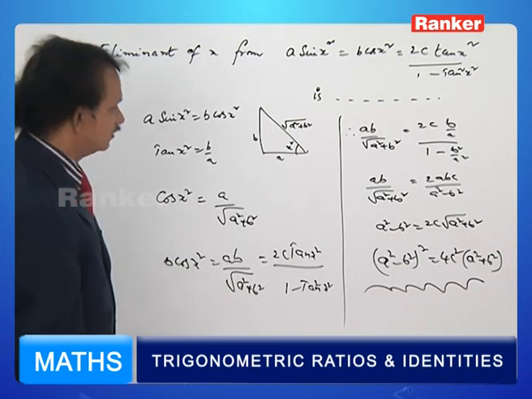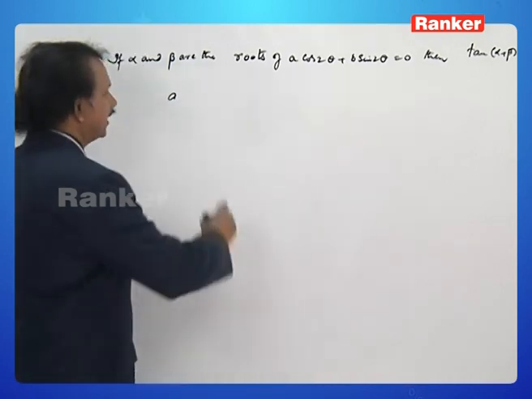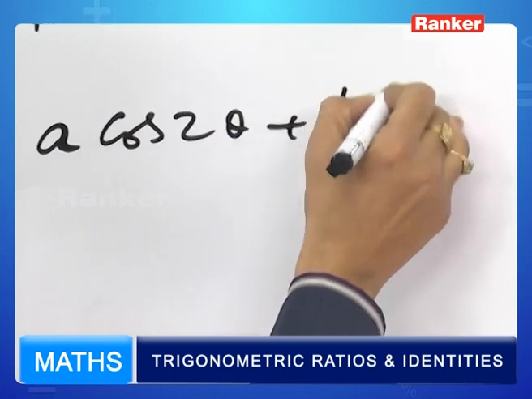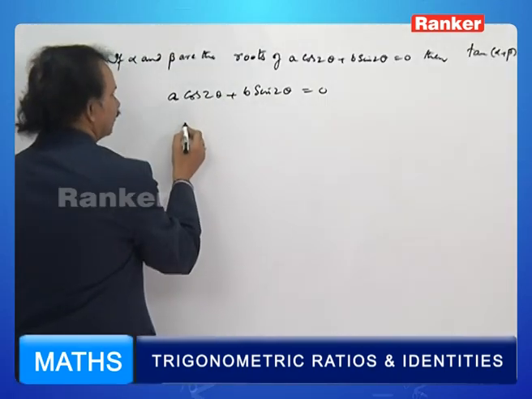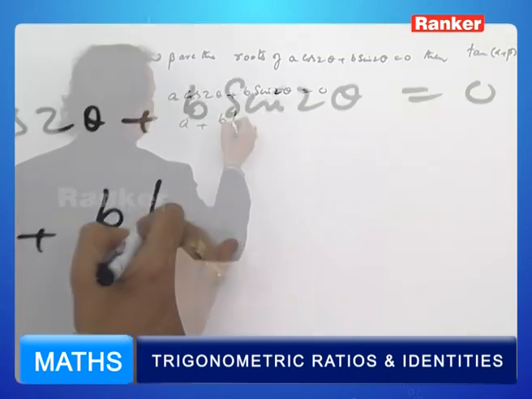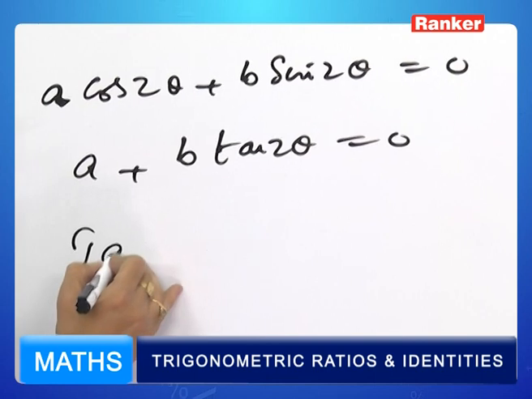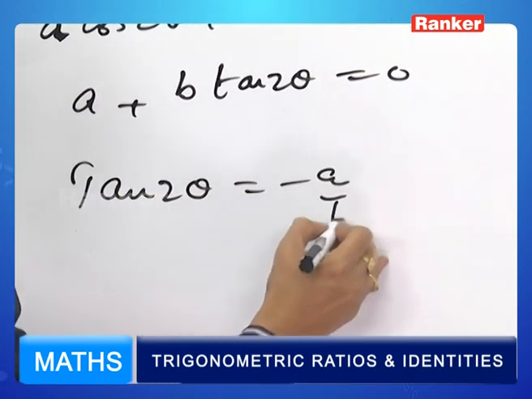It's a nice question. Let us start to solve it. A cos 2 theta plus b sin 2 theta is equal to 0. So a plus b tan 2 theta is equal to 0. So tan 2 theta is equal to minus a by b.